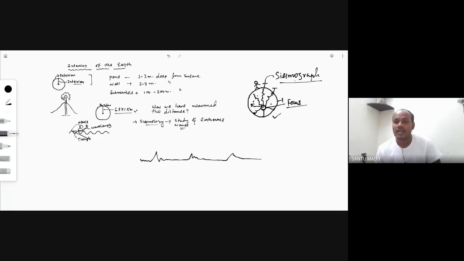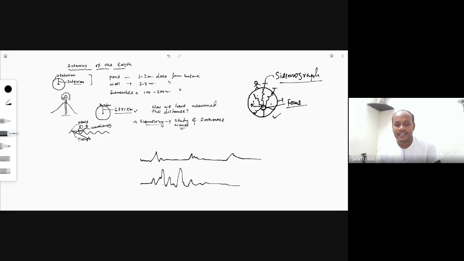What does it do? A seismograph basically captures ECG-kind of graphical waves. In the form of ECG, the seismograph captures multiple waves. Now, suppose a wave is coming from inside of the earth and its propagation is something like this.